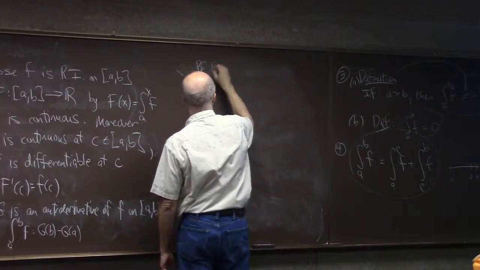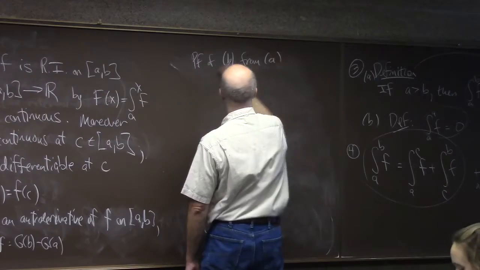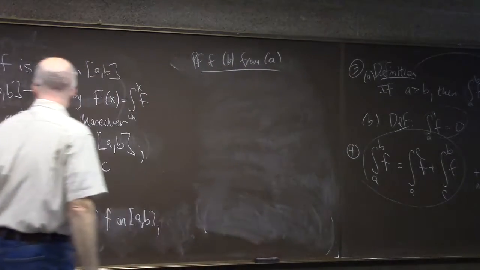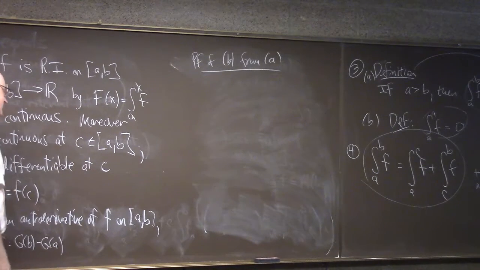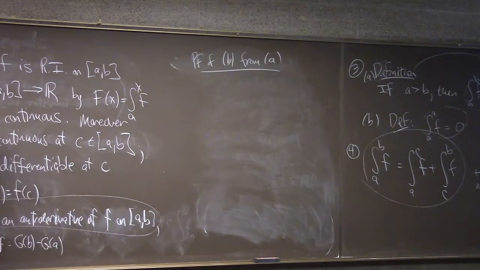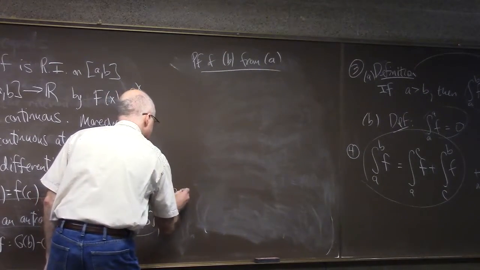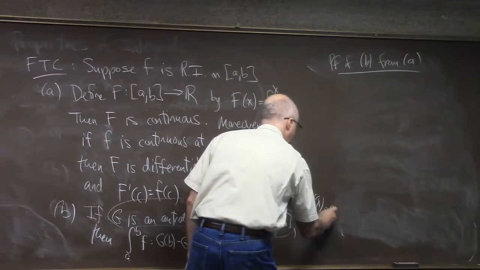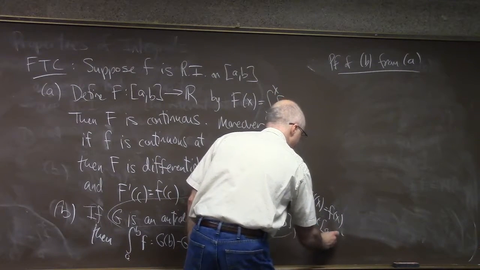Proof of B from A. So we're going to assume we've got an antiderivative of the given function on the interval. So g prime of x equals f of x for all x in the interval.